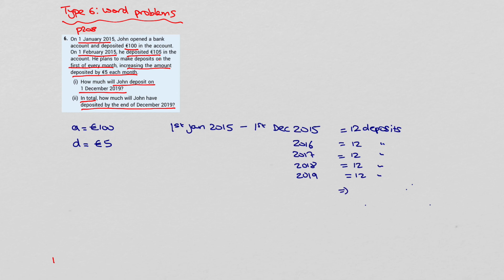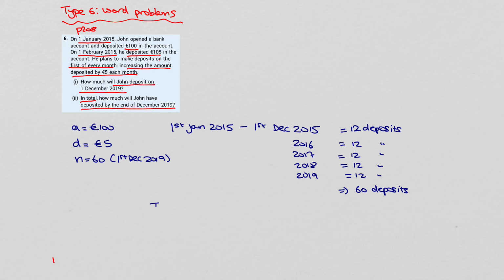So therefore, in total, we would have 5 years of 12 deposits, which is 60 deposits. So what that means is that n would be equal to 60 for the 1st of December 2019. And we want to know, well, what's he putting into the account on that day.